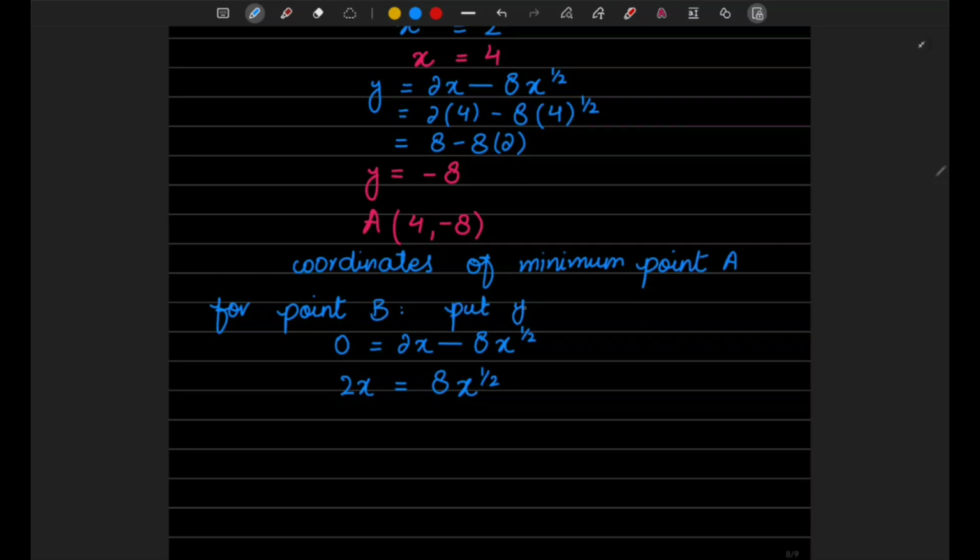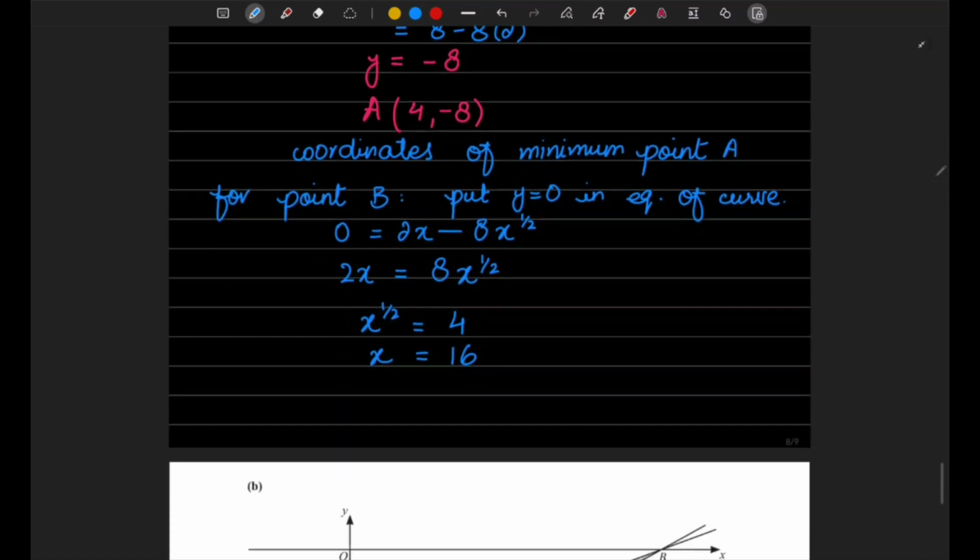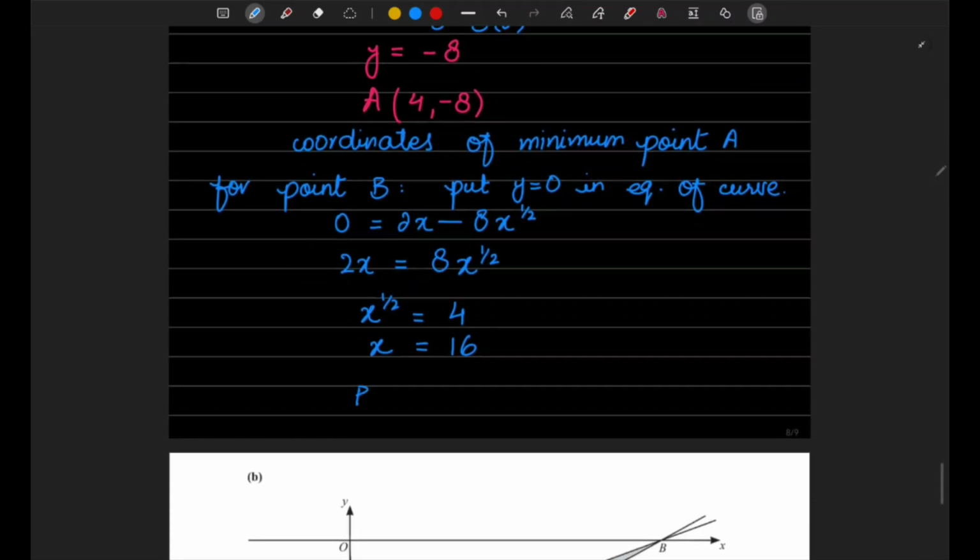For point B, put y equals 0 in the equation of the curve. So x to the power half will be equal to 4, and squaring both sides will give you x equals 16. So this will give you point B to be 16 comma 0.